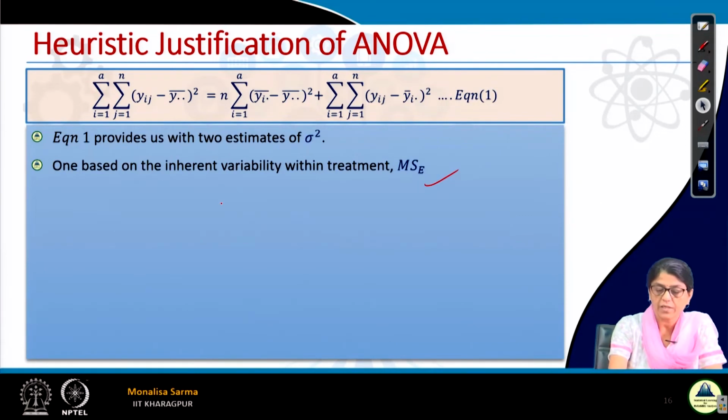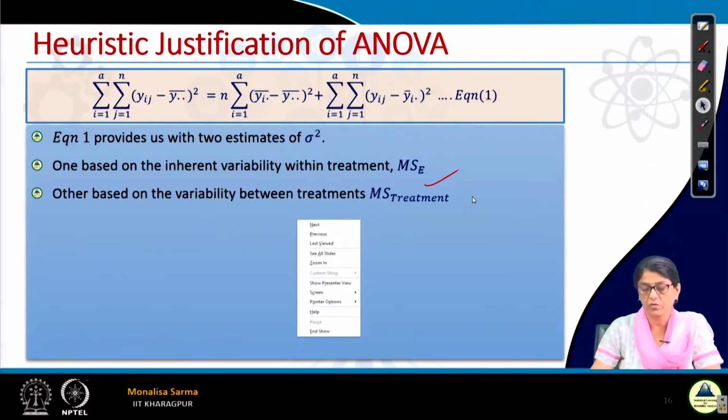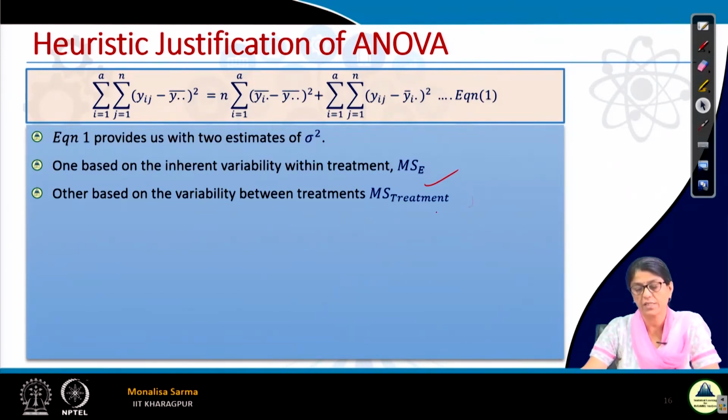The other is based on the variability between treatments. I got this estimate of sigma square by finding the variability between treatments, considering that all the means are equal. By considering all the means are equal, I got an estimate of sigma square, that is MS treatment.